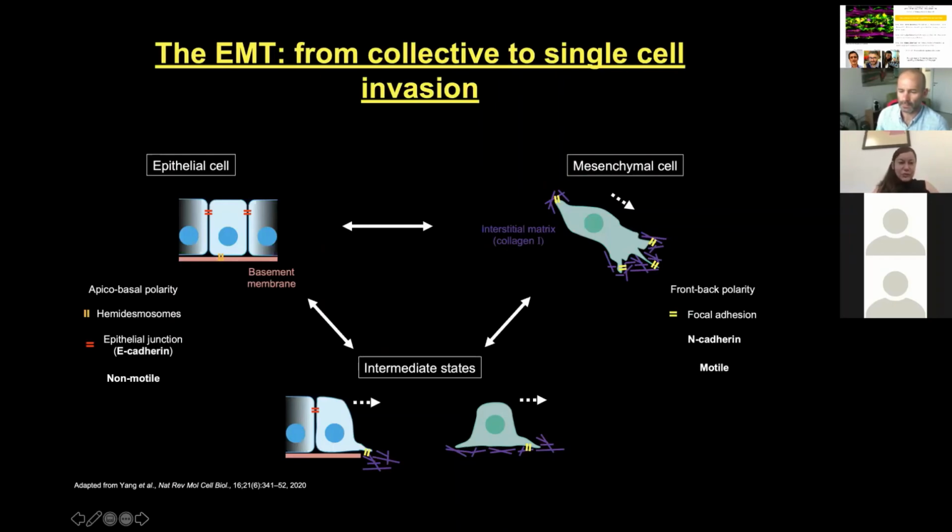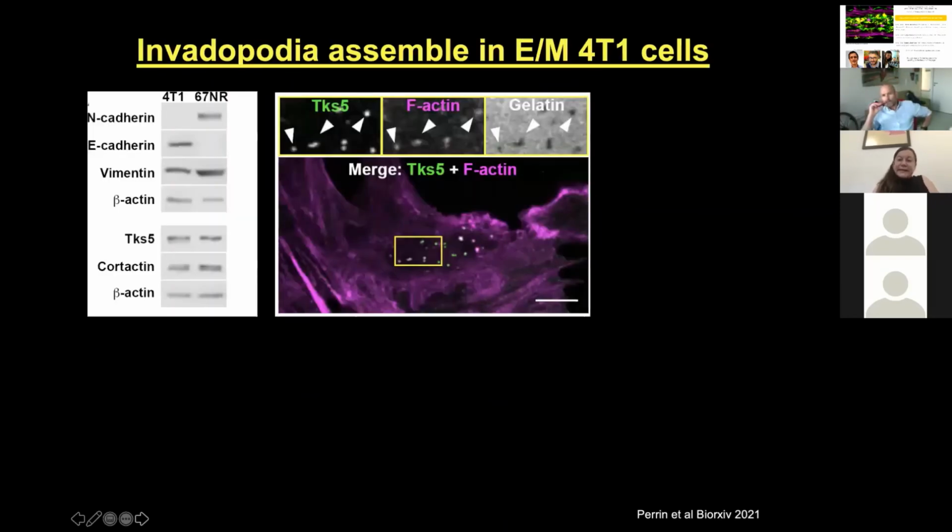Some of you may know that the epithelial cells go through several intermediate states in order to become mesenchymal in the EMT process. And so they can be stably hybrid EM cells. Some people call it partial EMT. And the 4T1 mammary carcinoma model is one of such cells.